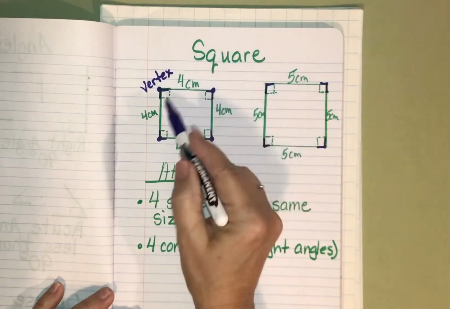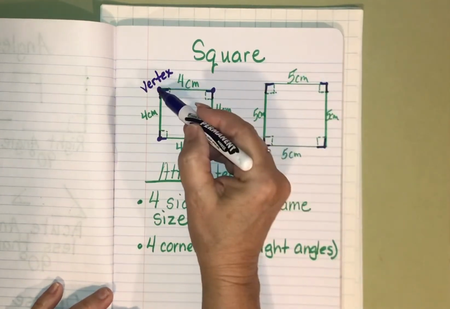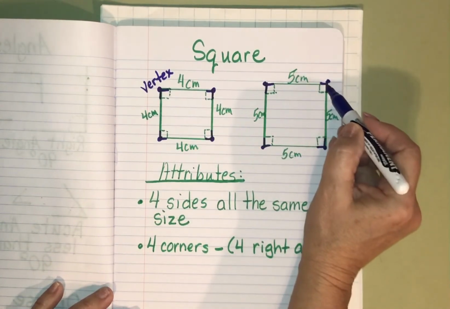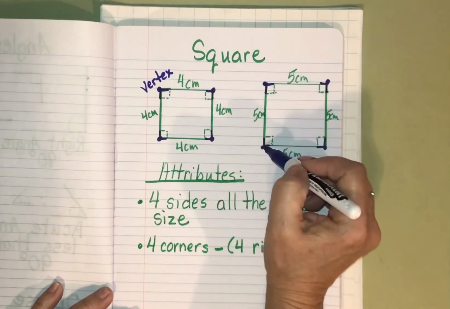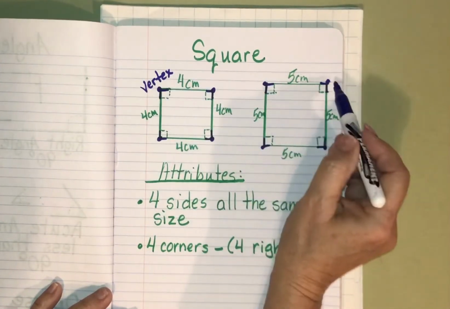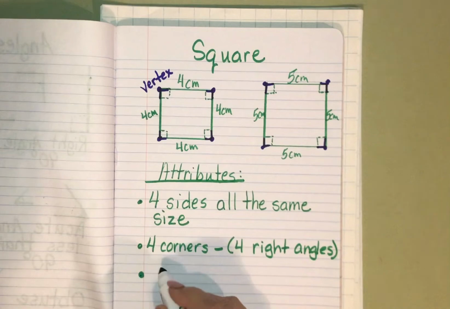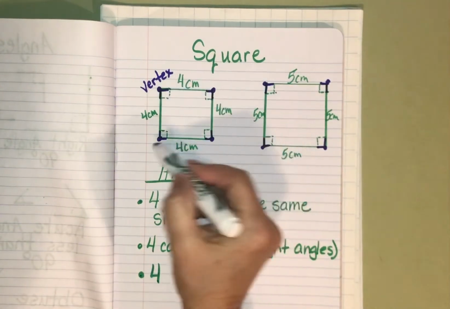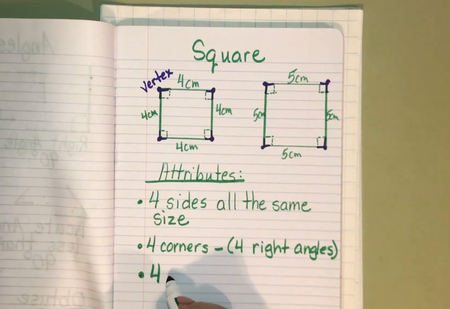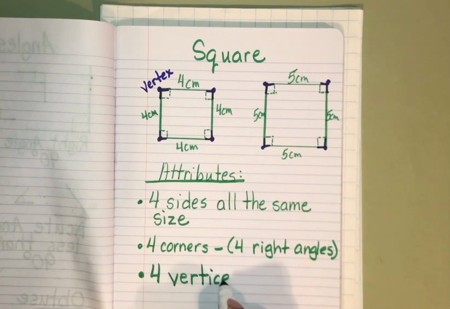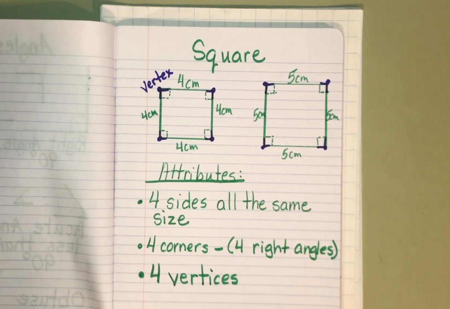Okay, and we're not going to label vertex on each of the corners, but by putting that dot right on the point, that shows you that that's called the vertex. Now, something happens to the word vertex when we're talking about more than one. We've got 4 on each square. So when we write that, instead of writing four vertexes, that's kind of a tongue twister, we're going to change it to 4 vertices. So the word changes to vertices.